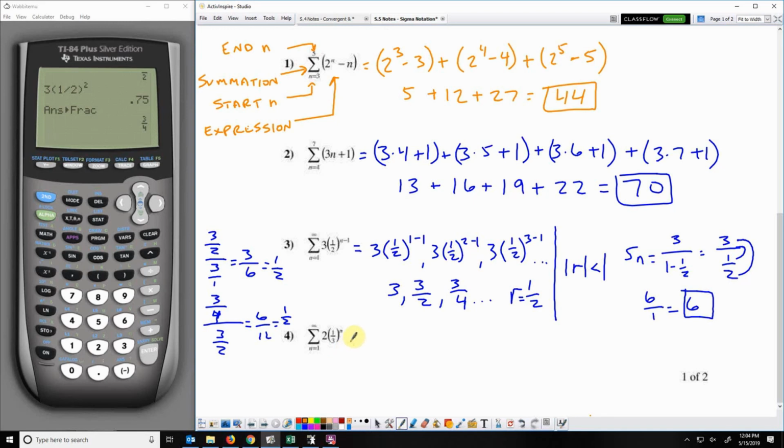Number 4. Again, we need to find the first few terms. So that's 2 times 1/3 to the n power. 2 times 1/3 to the first power. 2 times 1/3 to the second power. 2 times 1/3 to the third power.